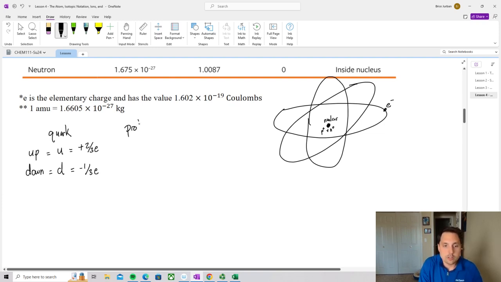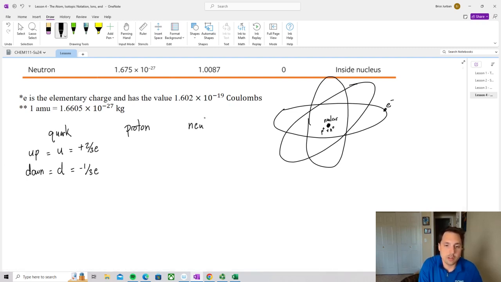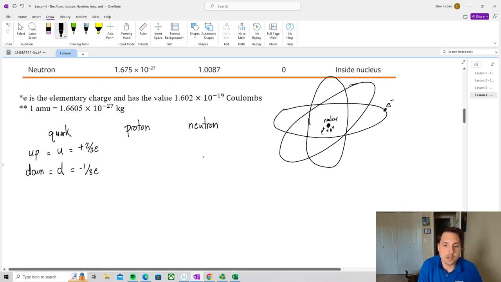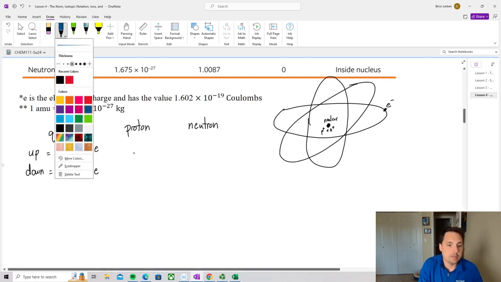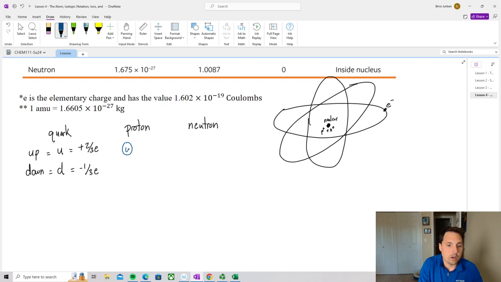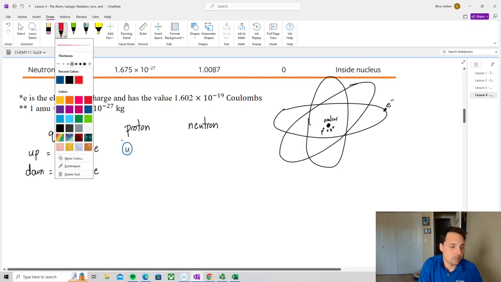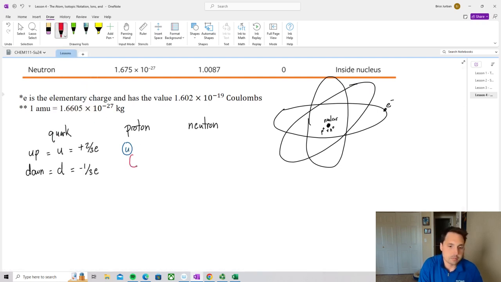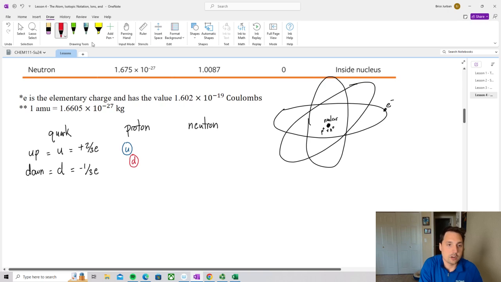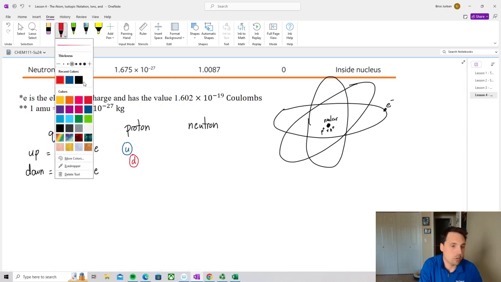So if we're going to draw a more specific picture of the proton and the neutron, we can do that. Every proton is made up of 3 quarks, and every neutron is made up of 3 quarks. The proton is made up of 2 up quarks and 1 down quark.